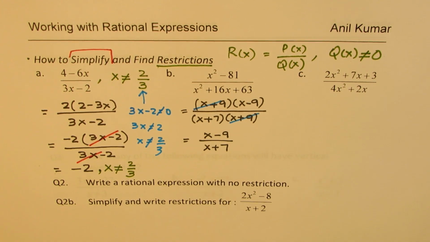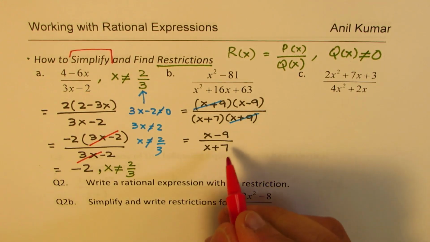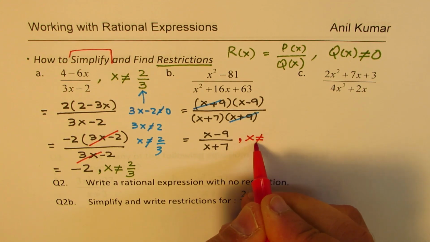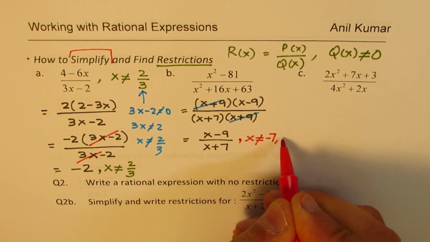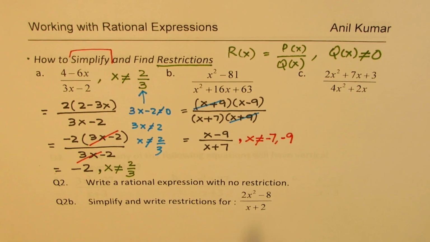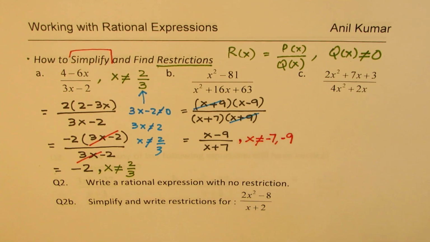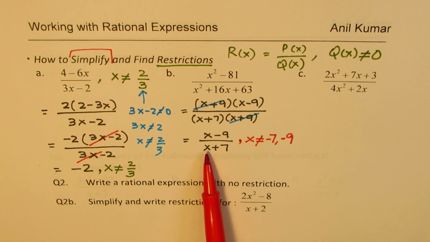The answer is yes or no. I think it is no, until I write here that x is not equal to -7 and -9. Once I specify that we do have a restriction here, then they are exactly the same. If I write this alone, then the only restriction is that x is not equal to -7. You understand? That is very important, right?